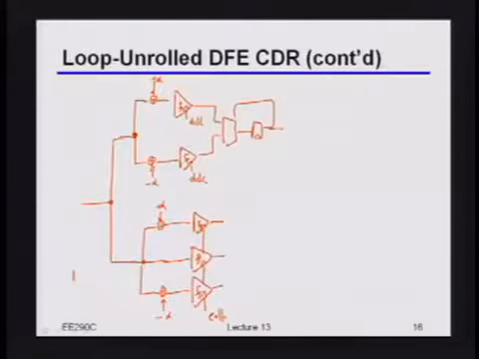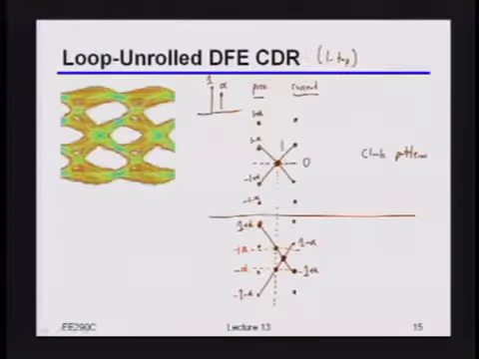So you needed to know that the previous data was different than the current data. Now you actually need to know more information than that. Not only do you need to know that the current data was different than the previous data, but you need to know which kind of transition you are dealing with. Are you dealing with a transition associated with a clock pattern, or with one of these other types of data patterns?